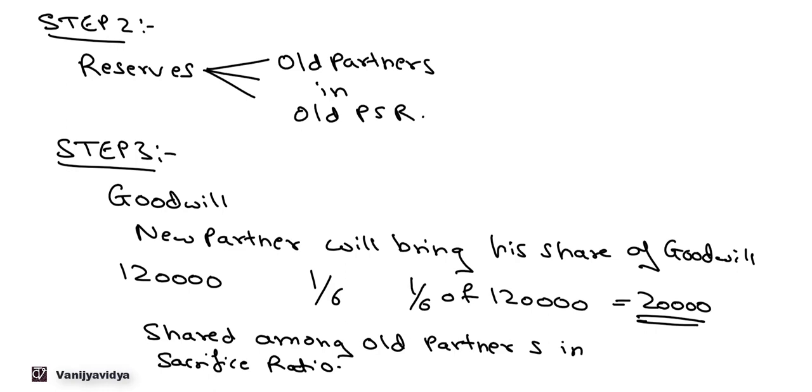All the accumulated reserves and profits of the previous years need to be distributed to the old partners in their old profit sharing ratio. And then step 3 is goodwill. The new partner will be bringing his share of the goodwill. That share of the goodwill needs to be distributed between the old partners in their sacrifice ratio, that is the share of the profit that they have sacrificed for the new partner. Now these are all the steps that we need to do before admission of a new partner.